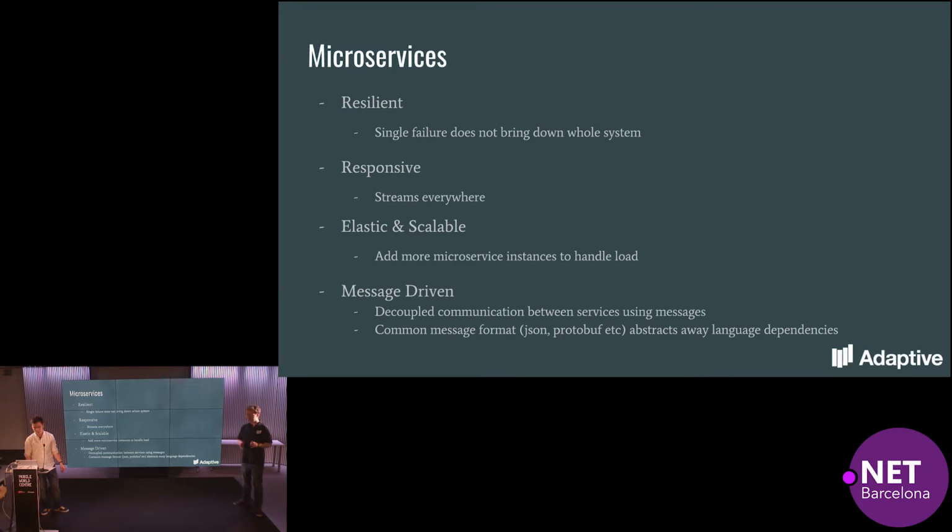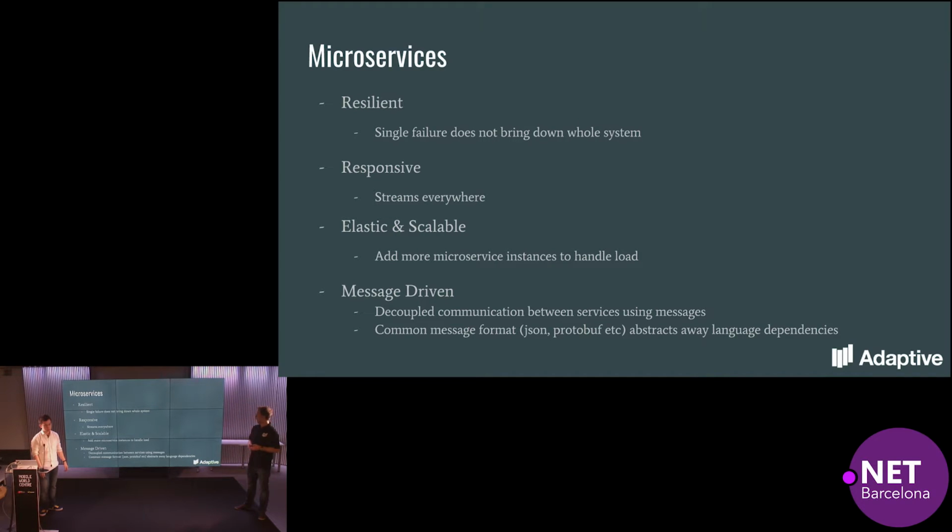They're responsive because individually each microservice is doing a different thing. The way we've done it in Reactive Trader is that we've used reactive extensions everywhere. So instead of being pull-based, everything is push-based. For instance, prices are streamed to your desktop.